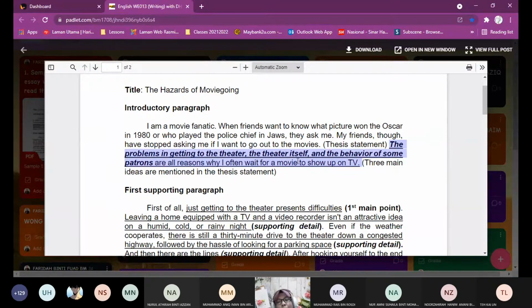That's why you have to put them in one sentence. Here, the problems in getting to the theatre itself, and the behavior of some patrons. These 3, the bold ones, are the main points for this essay. Do you understand so far?